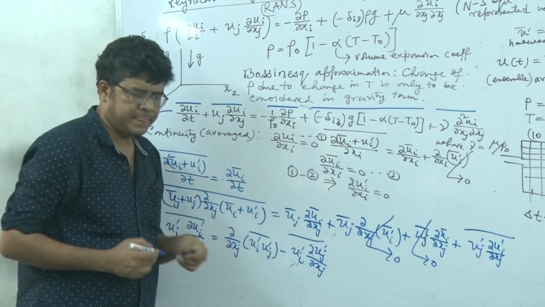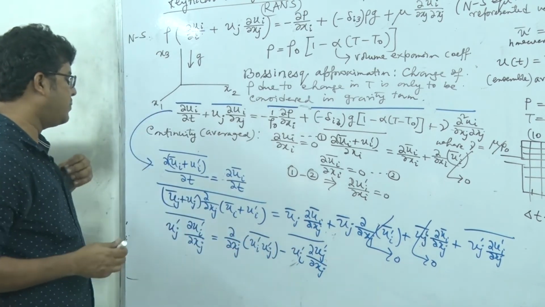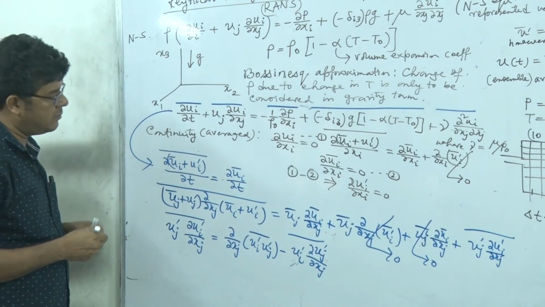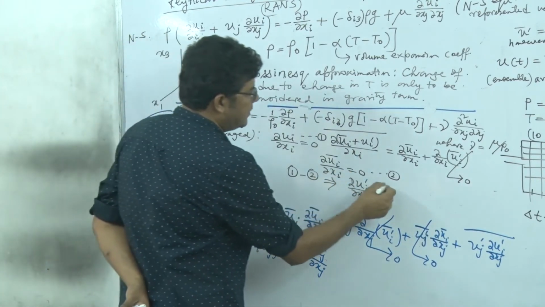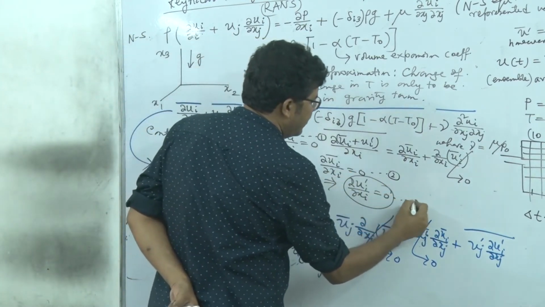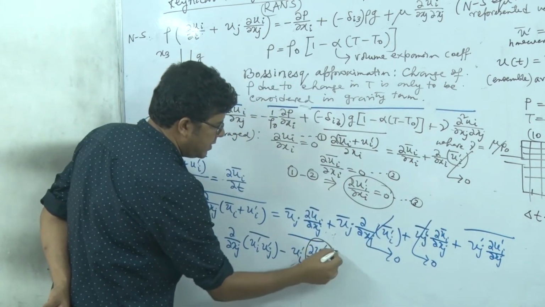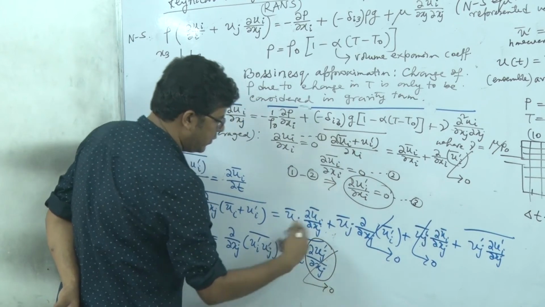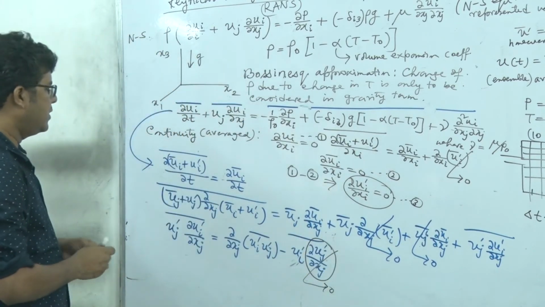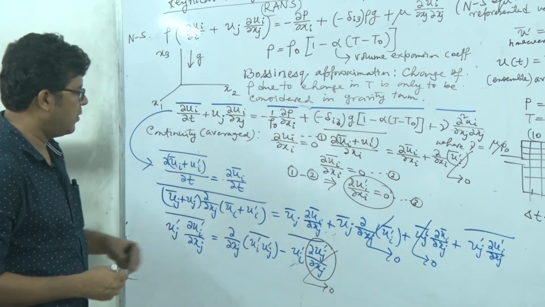Now you see that this term del uj prime del xj is 0 from equation 3. So this term individually is 0, so the overall term is 0. So it reduces to this form.